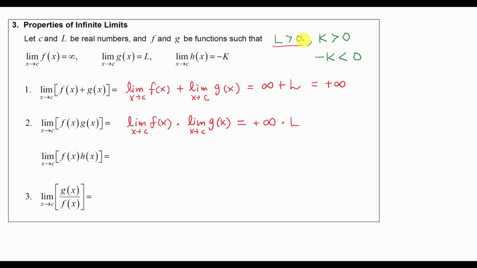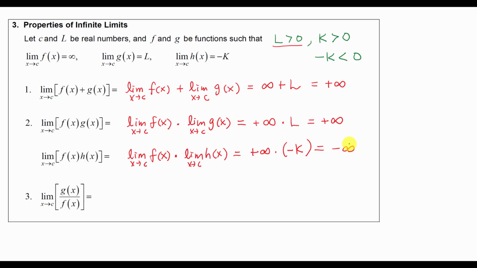So if you multiply infinity by a positive number, of course the result will give you positive infinity. Likewise, if I multiply two functions but the limit of h goes to a negative number, then the limit of f of x times h of x is equal to the limit of f of x times the limit of h of x, and that will be positive infinity times negative K. And because you multiply a positive by a negative, the result is going to be negative infinity.